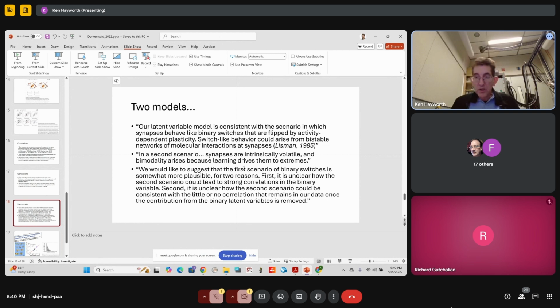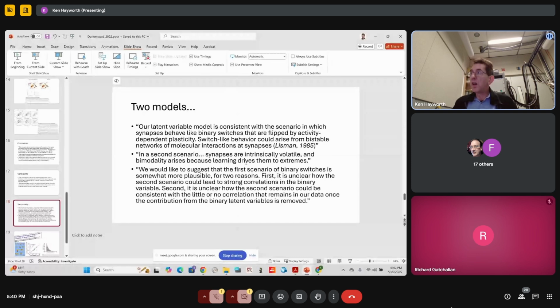And this is evidence in its favor. They say in a second scenario, as opposed to that, synapses could be intrinsically volatile, and bimodality might arise from learning driving them to the extremes.